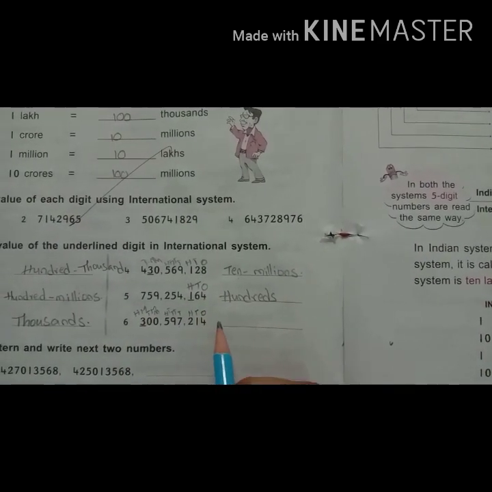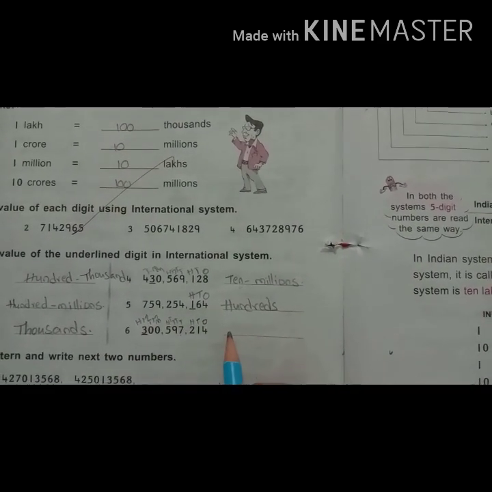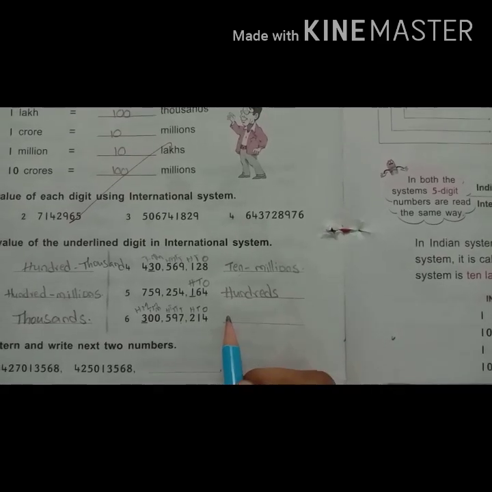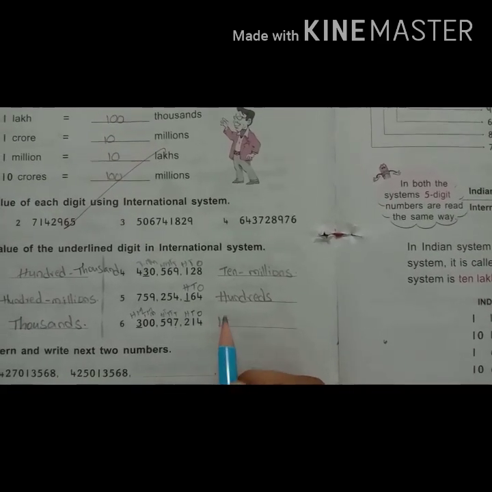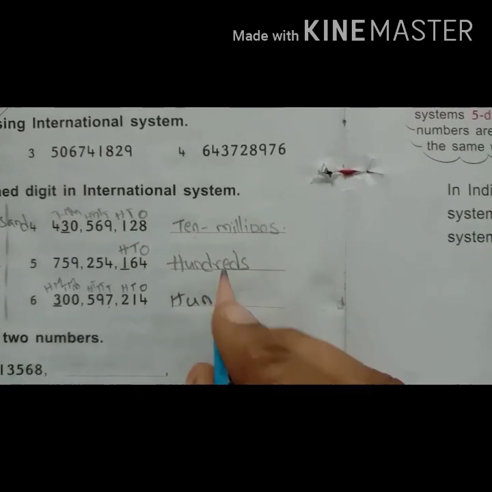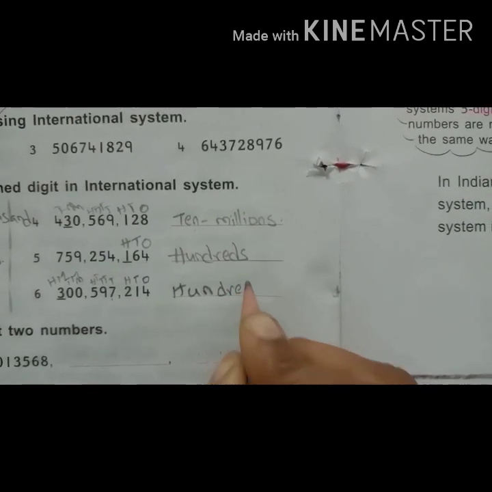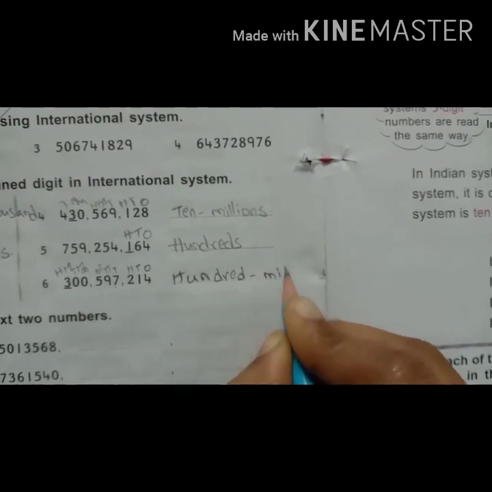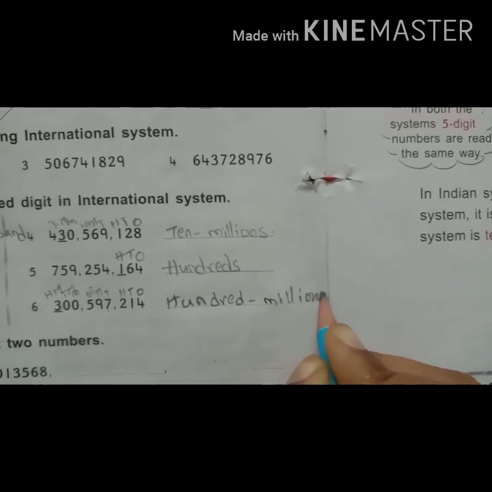So, here what is the value? 100 millions. So, what do we have to write here, children? 100 millions. Okay, children.